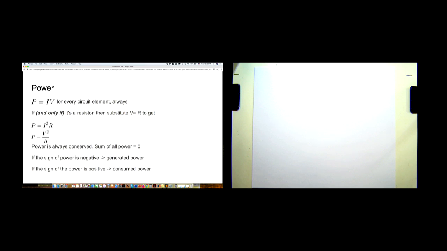So the power is I squared times R, or V squared over R. Power in circuits is always conserved, so the sum of all the powers is 0. And given this sign convention that we're using, if you find a power to be negative, it means that this element is generating power, providing power to the circuit. If you find the power to be positive, then the circuit element is consuming power.